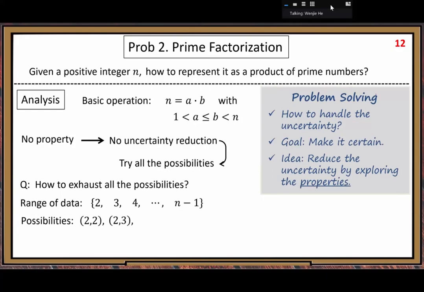Second, we fix A and increase the number in B, so we get the next pair, and so on. With A fixed, the last B we can put there is n minus 1. Then we finish all the pairs with A equal to 2.